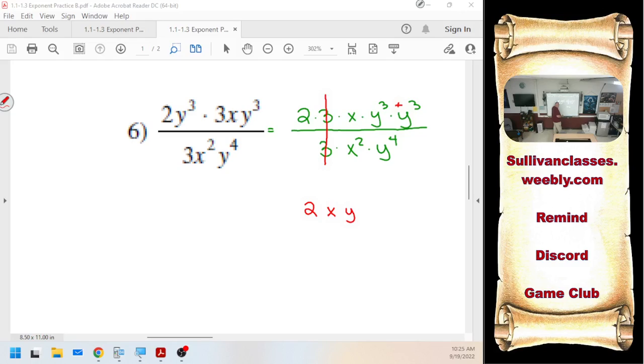Add those two together. Over x squared y to the fourth. I've still got things arranged, number, number, x, x, y, y. What do I do with exponent over exponent? I subtract them.